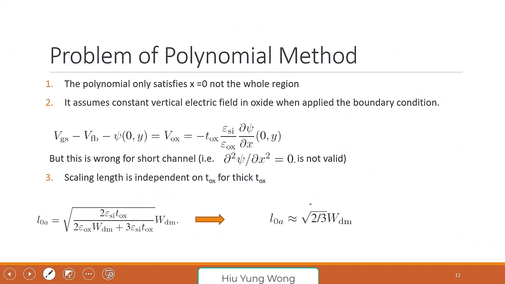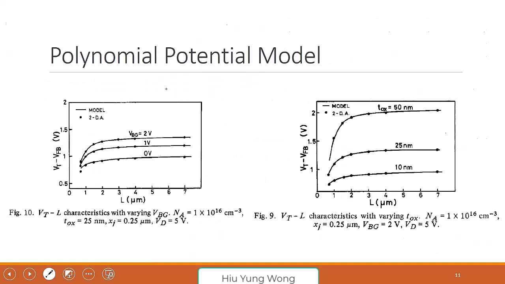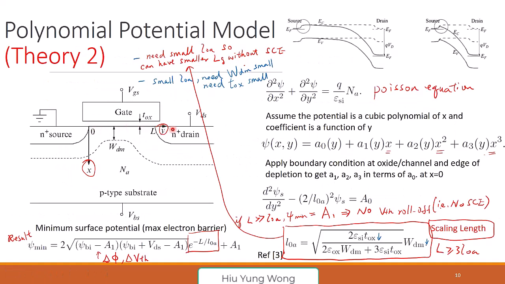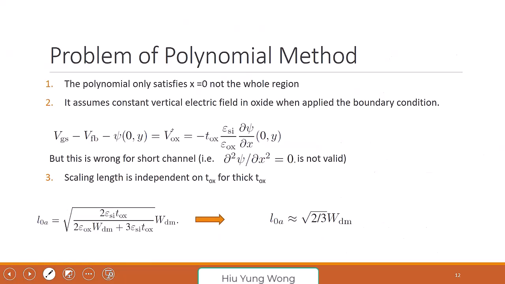But anyway, there's a problem with this polynomial method. You see that the equation they are saying is only satisfied at x equal to 0, meaning at the interface, okay? They make a lot of assumptions. They also assume that there's a constant vertical electric field in the oxide when they apply the boundary condition, right? We can skip this, I don't ask you to do that, but from here you see that they just assume that the oxide potential across here is constant, but in reality it is not.